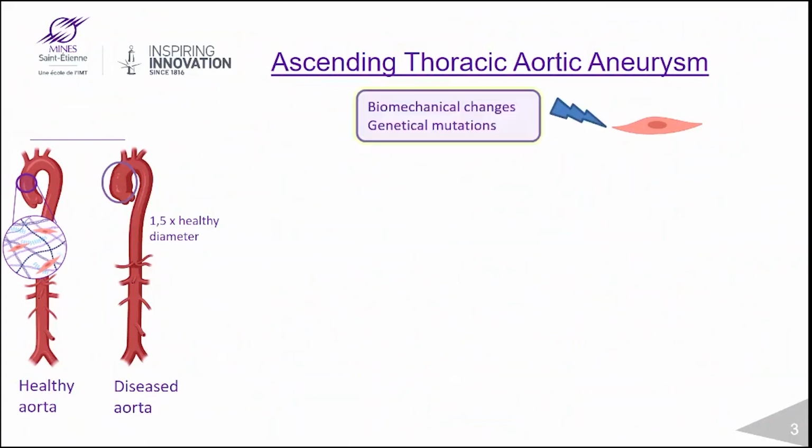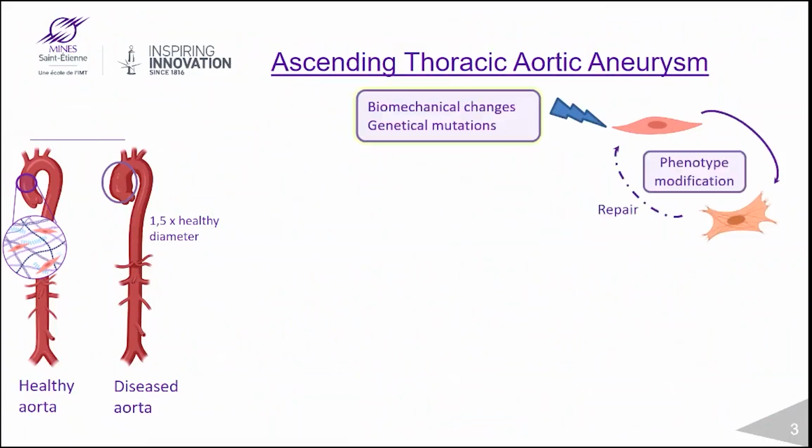Because of biomechanical changes or genetic conditions, the phenotype of smooth muscle cells is going to be changed into a synthetic phenotype. Synthetic cells are going to stop contracting and instead are going to remodel the extracellular matrix around the cells.